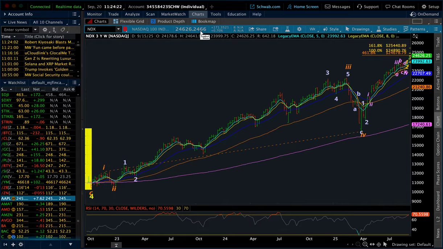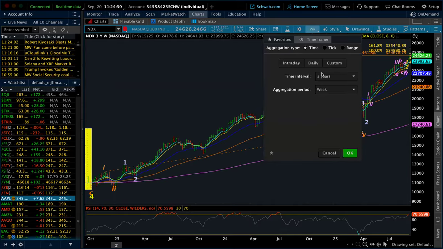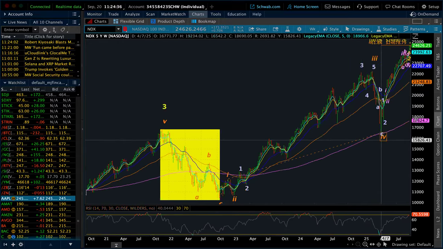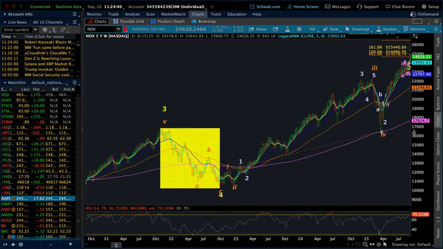So I will verbally do that by starting on my 3-year weekly chart. And I probably can go ahead and see if I can get the 5-year up. Yeah, good.